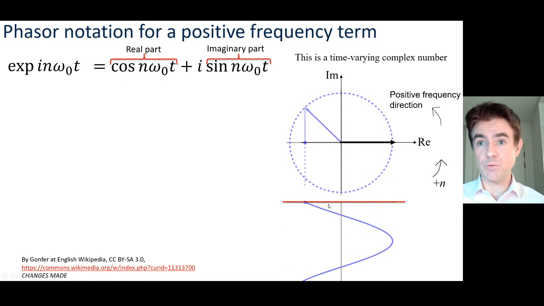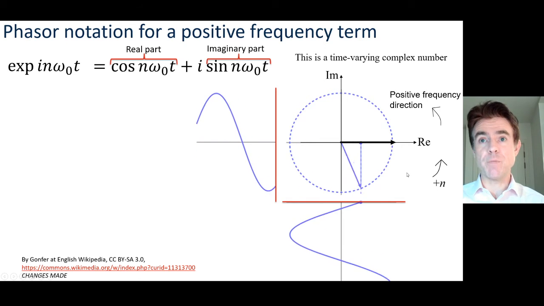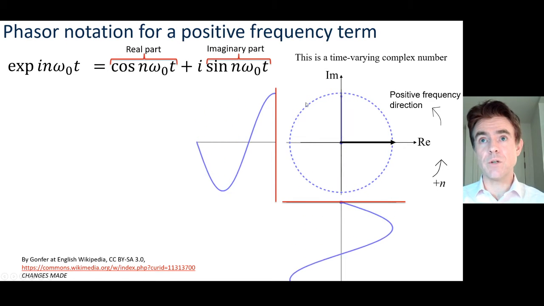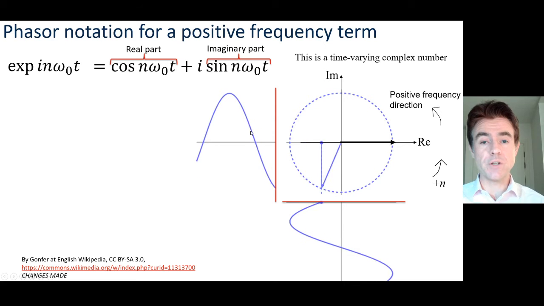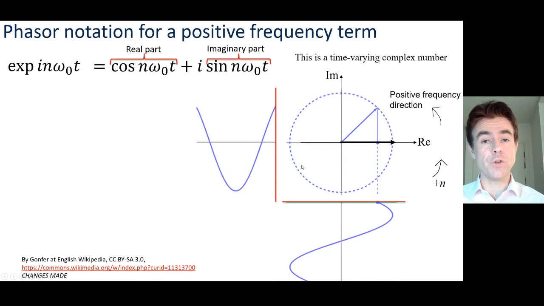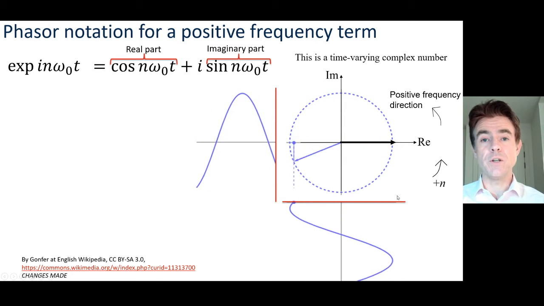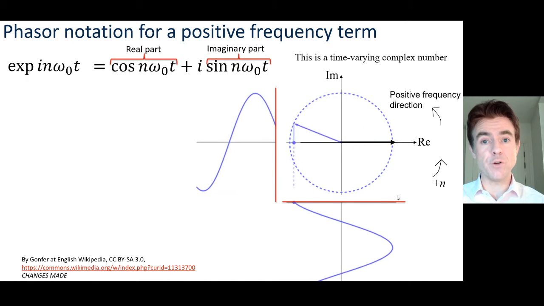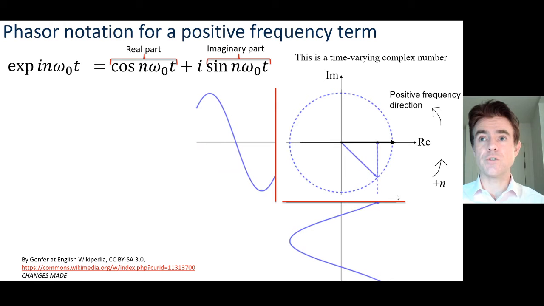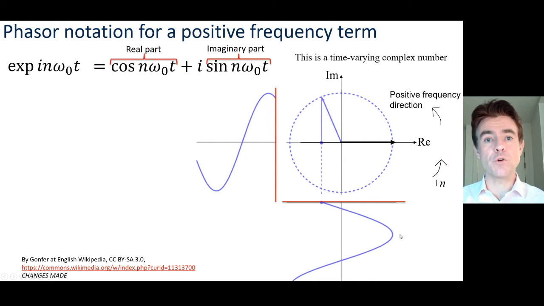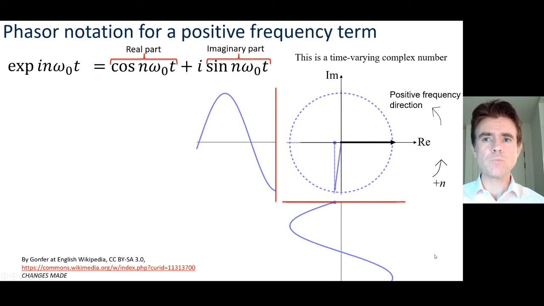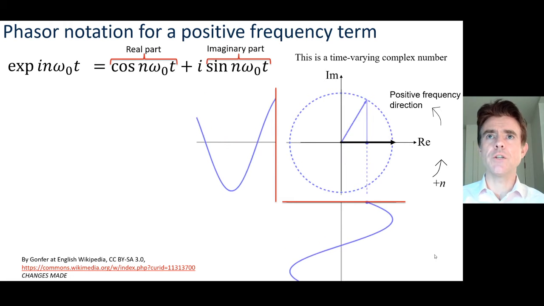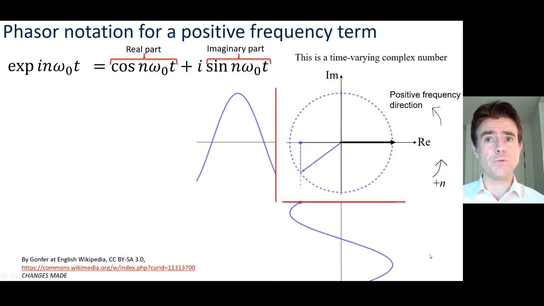And so that's exactly what we see here. And then the imaginary part, as that progresses in time, is tracing out a sine function as shown on the left-hand side there. So hopefully you can see that a time-varying complex number in the form of e to the i n omega naught t is tracing out a circle in the Argand diagram or the complex plane. So that's what a positive frequency term will do.